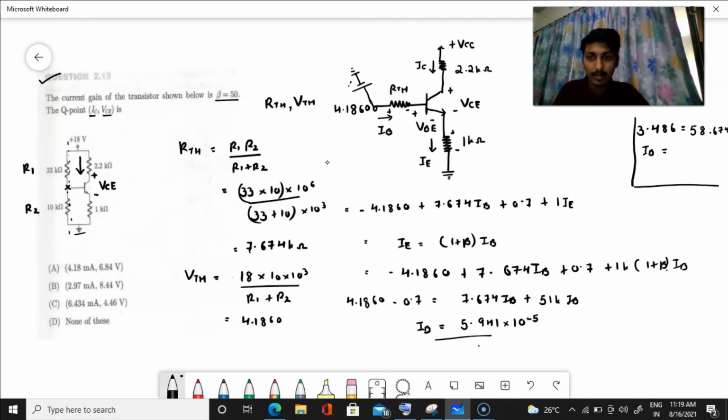If we multiply with 50 here, it comes out to be 2.97 milliampere, which is the collector current.